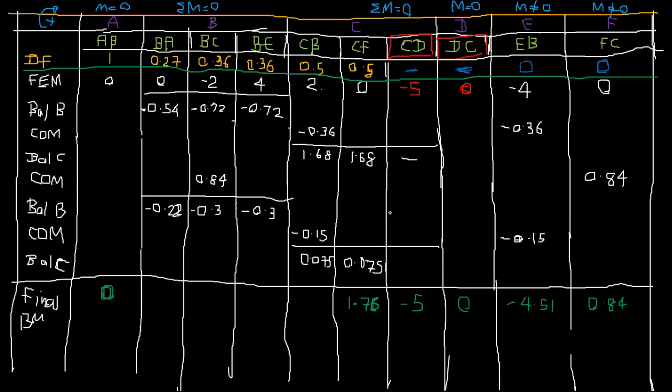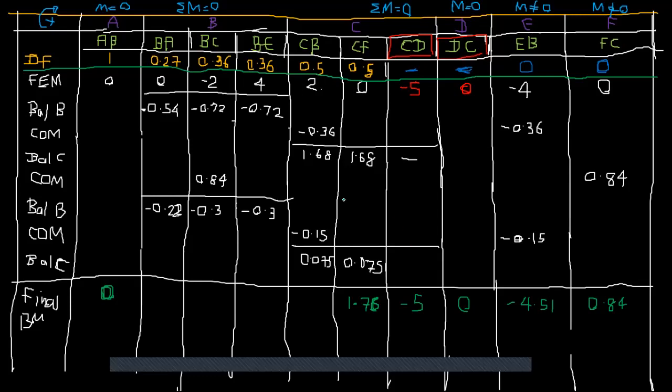Have we done something? 2 minus 1.68 is going to be 3.245, right?